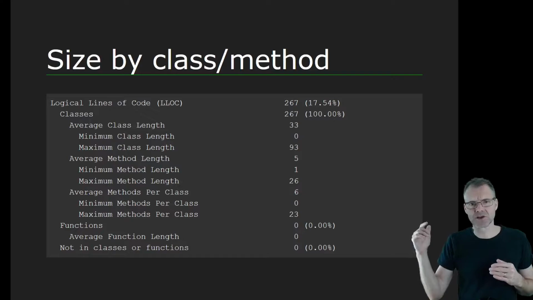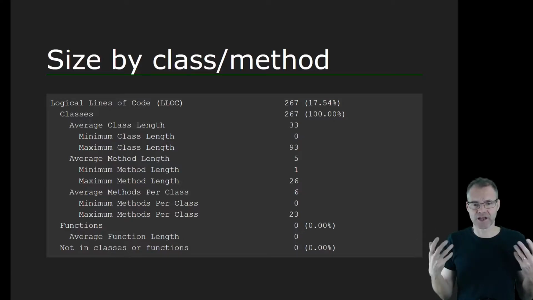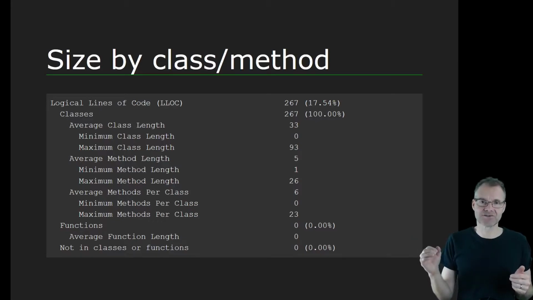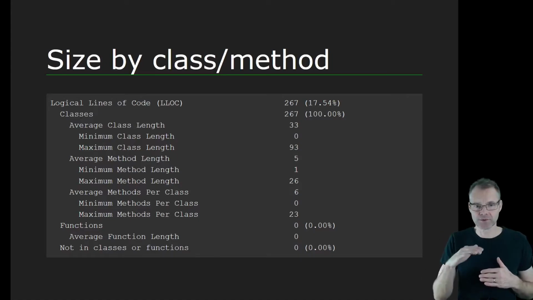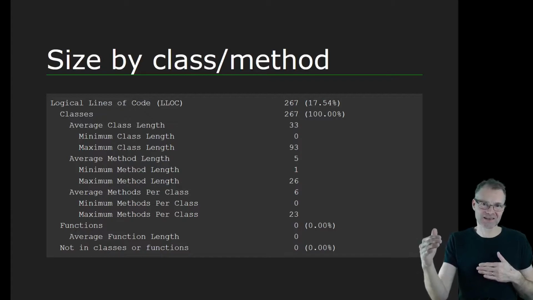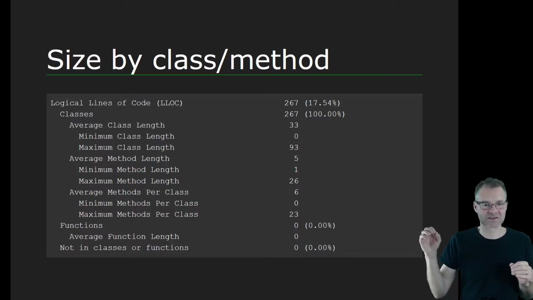That is usually when you create a new type of exception or so. The maximum class length is 93, so it's almost 100 logical lines of code, removing the curly braces and the empty lines and the comments. So it's a fairly sizable class, perhaps one could say.